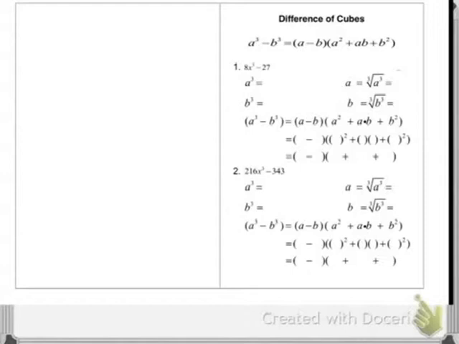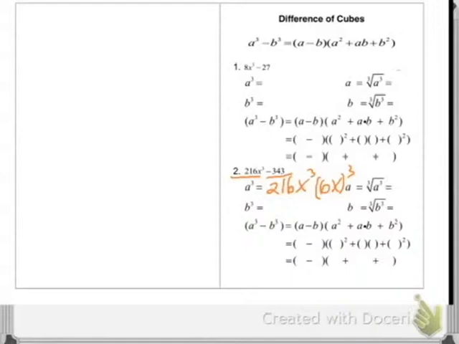So then here you have 216x cubed and 343. Once again, it's a difference because of the minus sign. Now you have to figure out what would give you 216x cubed. Once you figure it out, you realize that 6 times 6 times 6 is 216, and x cubed is x cubed.